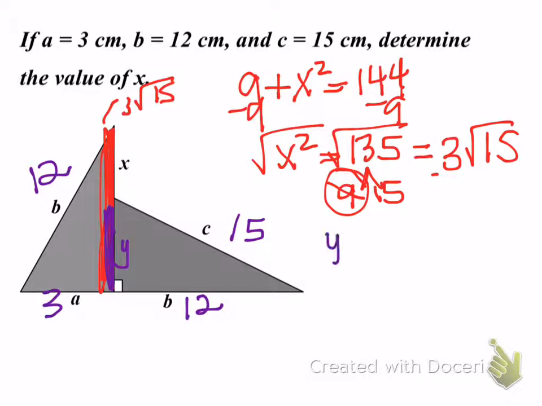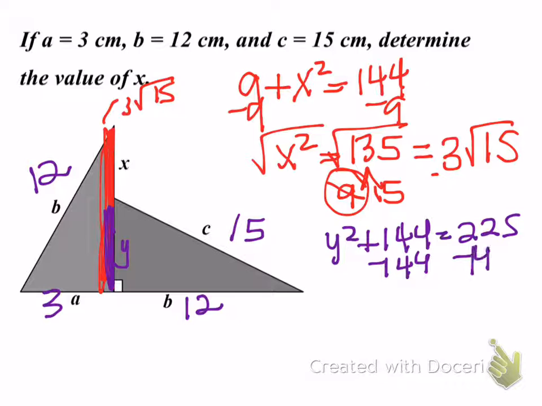So I'll have y squared plus 12 squared, which is 144, equals 15 squared, which is 225. Subtract 144. So you have y squared, well, my handwriting's really bad on here. 225 minus 144 is 81.